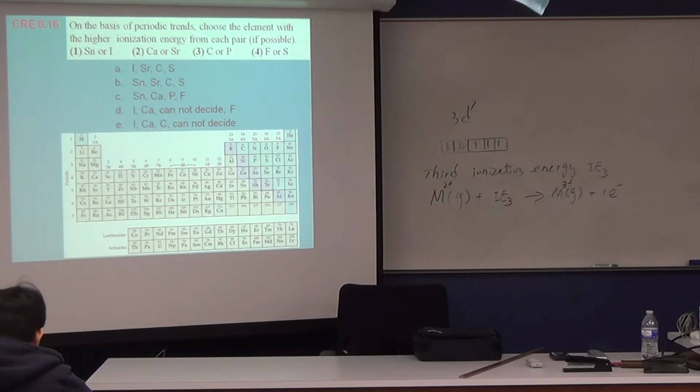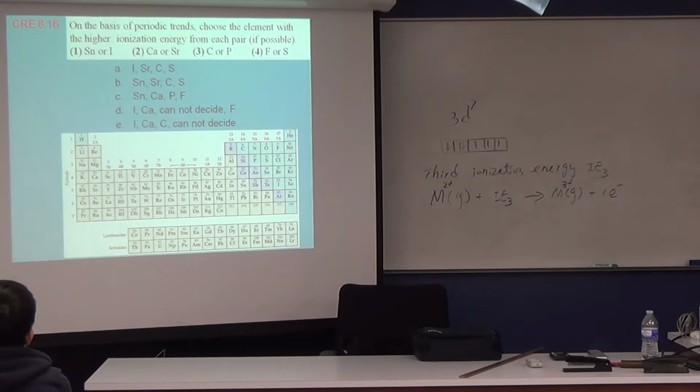So I give you 4 pairs, right? And you want to choose, if you can, the one that has a higher IE from each pair. Is D. Okay.